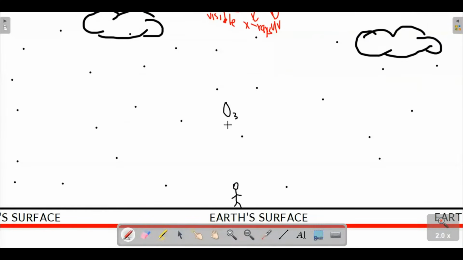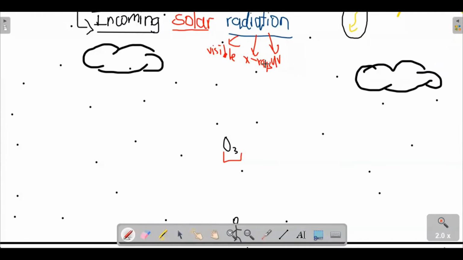Some of these molecules, for example ozone, absorb some of the rays that make up the radiation that comes from the sun. So ozone will absorb the UV ray. Some of this radiation is absorbed, and that's what we call absorption.